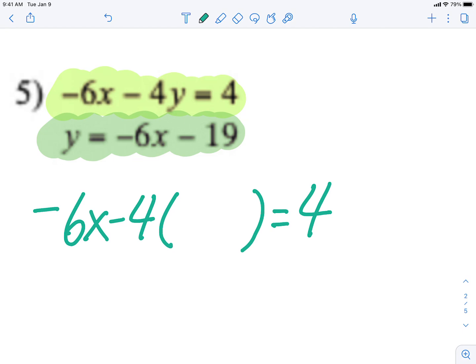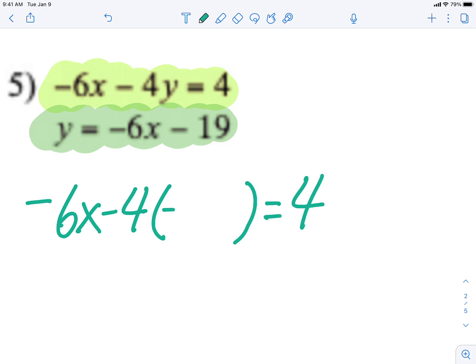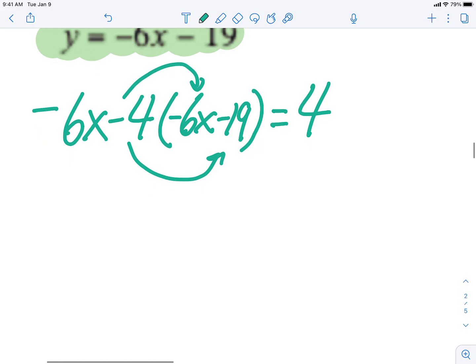Equals 4. So these two dudes right here go right in there. Negative 6x minus 19, right? Because that's what y equals. Negative 6x minus 19. So I'm going to distribute negative 4 times negative 6x and negative 4 times negative 19.